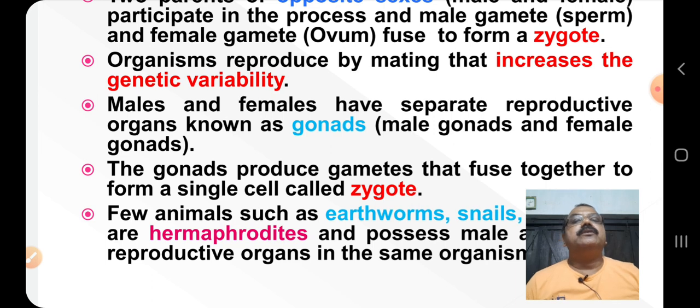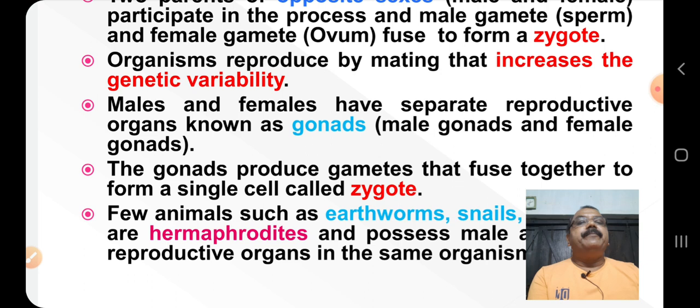In sexual reproduction, genetic variability is produced in the offspring or daughter individuals because parents from different sources, male and female from different sources, participate in the process, each contributing haploid set of chromosome to produce a diploid zygote.